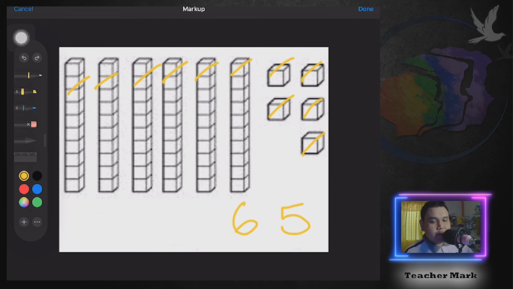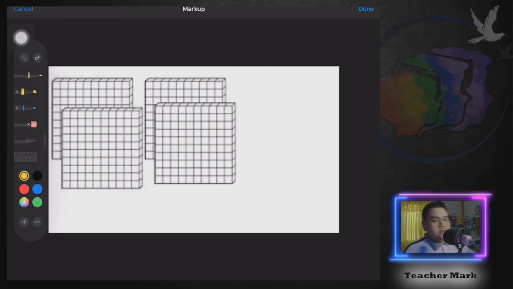Let's try another one. Now in this case, what is missing? Do you see any ones units? As you can see, there is none. So that's equivalent to 0. Do you see any tens units?